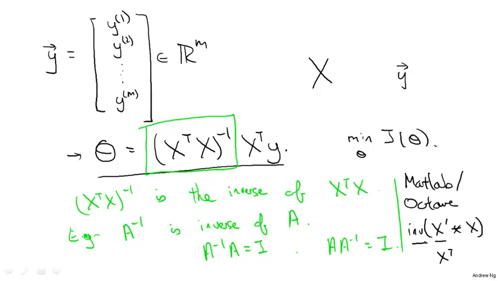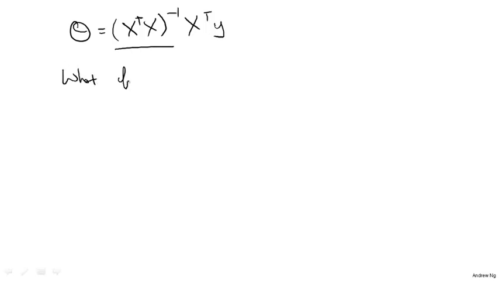Finally, one thing I want to address is what if X transpose X is not invertible? Let me write that down again: theta equals (X transpose X) inverse times X transpose y. It turns out that some matrices are not invertible. There exist some matrices for which there is no inverse. So what if X transpose X is non-invertible?